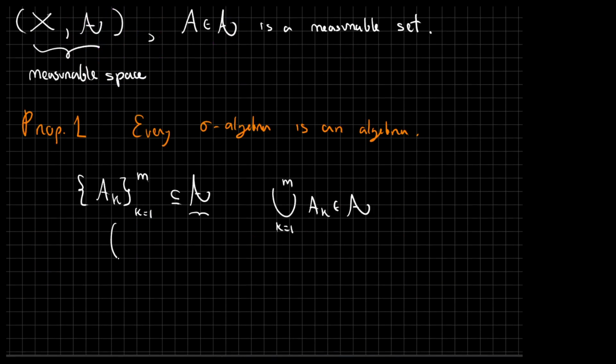Then we need to complete this into some infinite family. The obvious choice will be to start with the same m elements, and then append the empty set an infinite number of times. But to do this, we will need to take for granted that the empty set is an element of the sigma algebra.